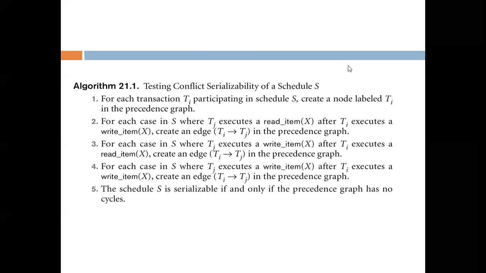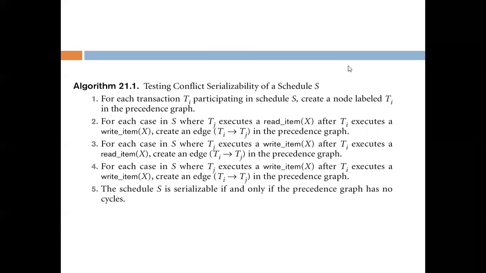In that case also we will create an edge from I to J. Next, for each case in schedule S where J is writing after Ti executes a write operation, here both are executing the write operation. So Ti is executing first, then Tj. Then also we will include an edge from I to J.